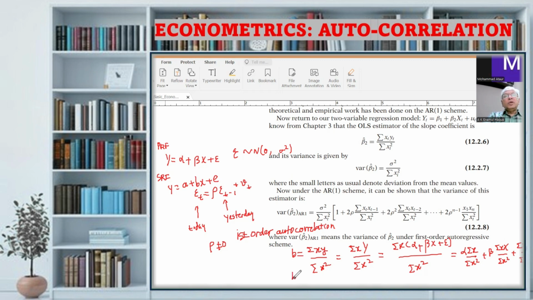Remember, the summation of small x by definition is equal to 0, so the first term would be 0.